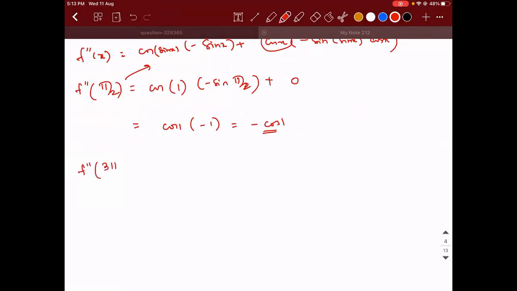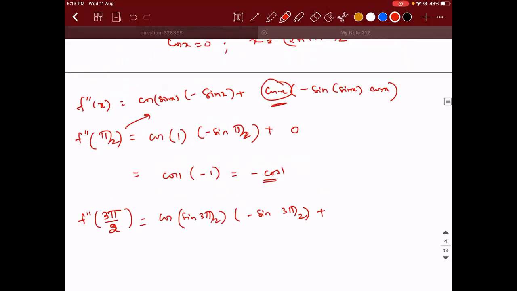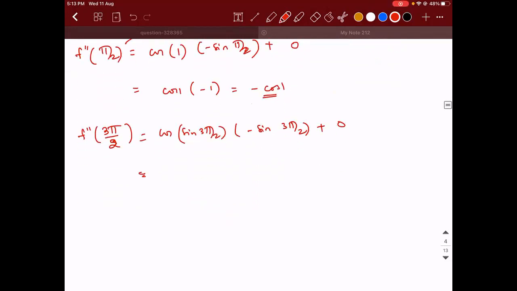What about f double dash of 3 pi by 2? That will be cos of sin 3 pi by 2 into minus sin 3 pi by 2, plus again cos 3 pi by 2 is 0. So cos of what is sin 3 pi by 2? It is minus 1, into minus sin 3 pi by 2, which is plus 1.